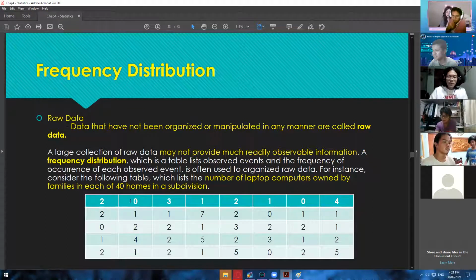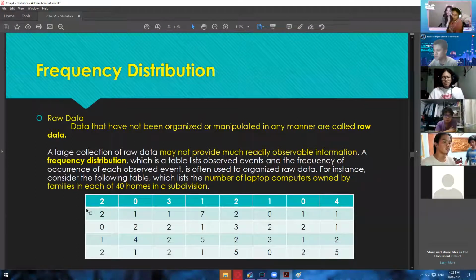So let's just have this example. This is already a lot actually, like 5, 10, 15, 20, 25, 30, 35. Yes, we have 40 data in this table. A large collection of raw data may not provide much readily observable information. Well, maybe you can get the mode of this one.